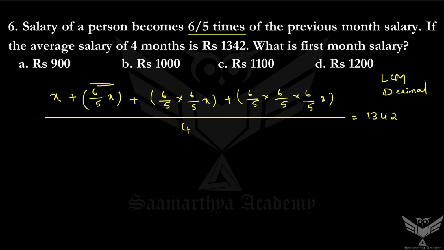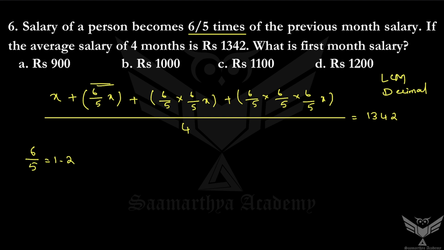Now I'm going to show you one cool method. What we are going to do here is, wherever you find a 2, 3, or 4 digit number, or any number of digits, add and simplify it to a single digit number. Now what are the numbers repeating? 6 by 5. 6 by 5 in decimal is 1.2.